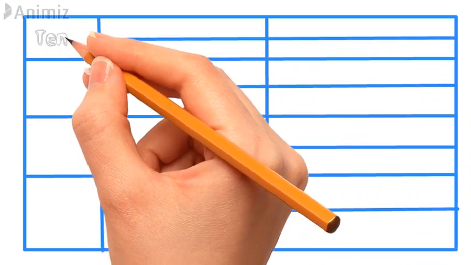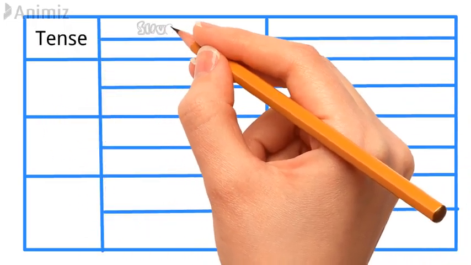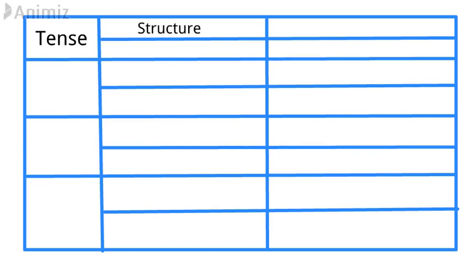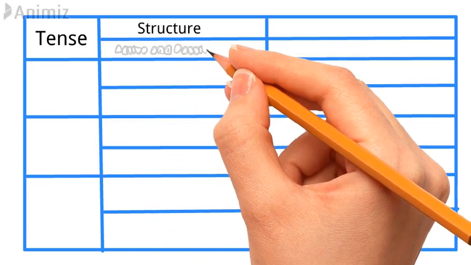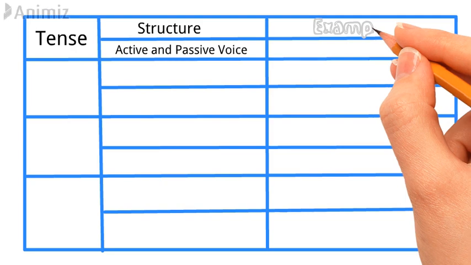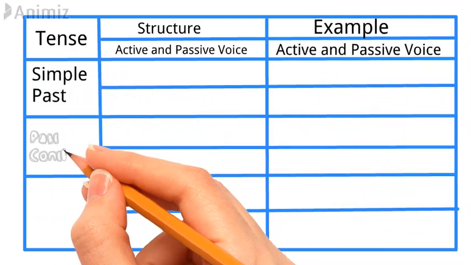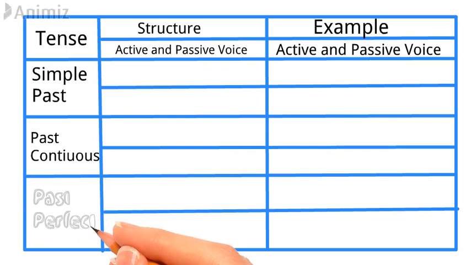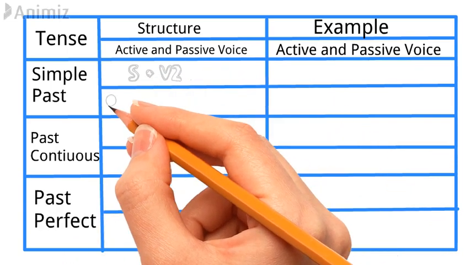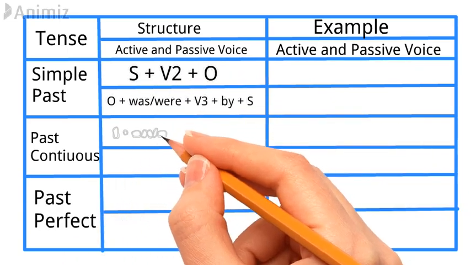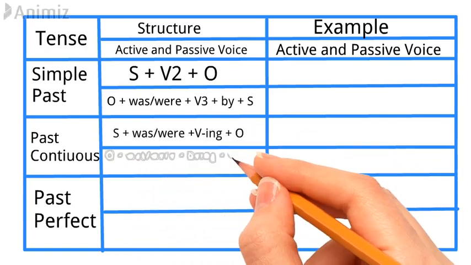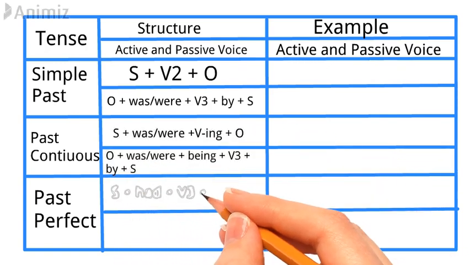In tense, we will study simple past tense, past continuous, then past perfect tense. The structure of simple past tense is subject plus second form of the verb plus object.